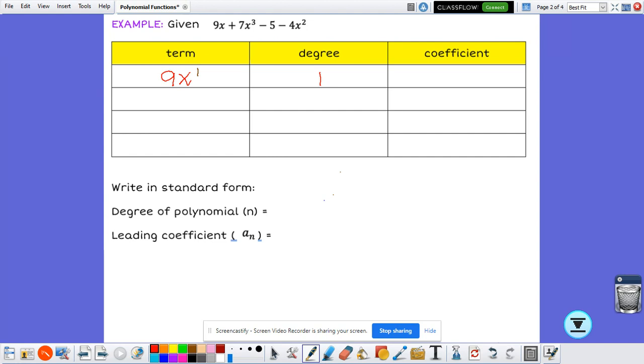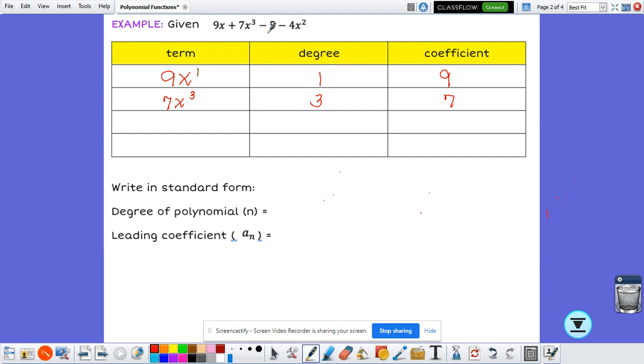So the coefficient in this case is 9. Now, the second term in the given polynomial is 7x cubed. The degree of the variable, the exponent of the variable is 3, and the coefficient is 7.